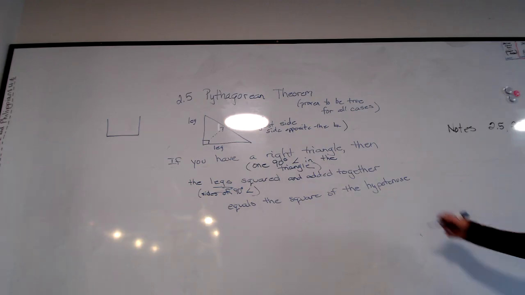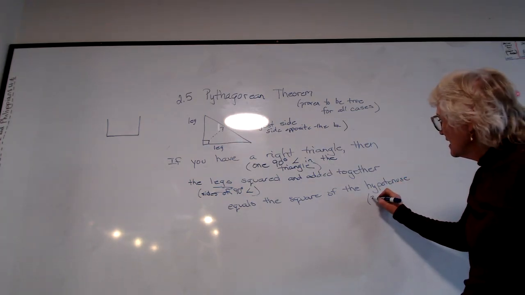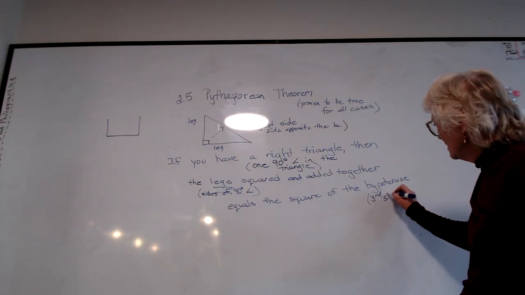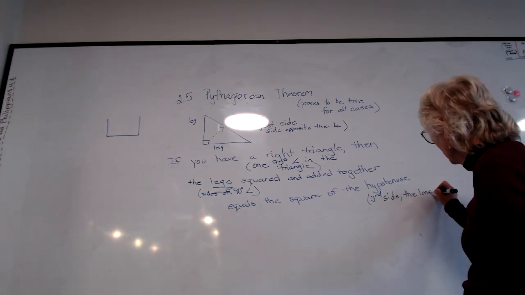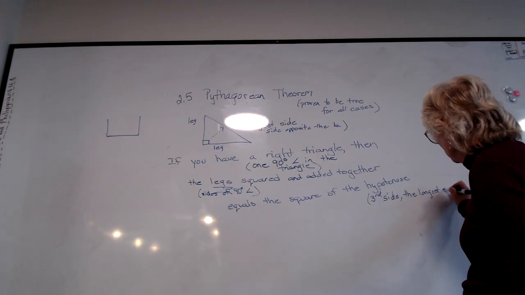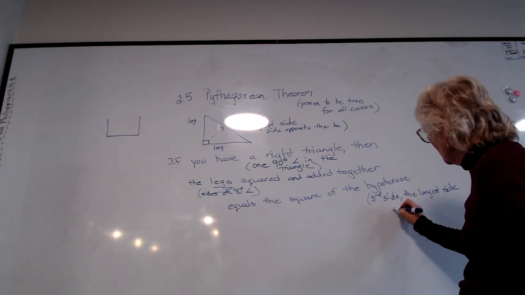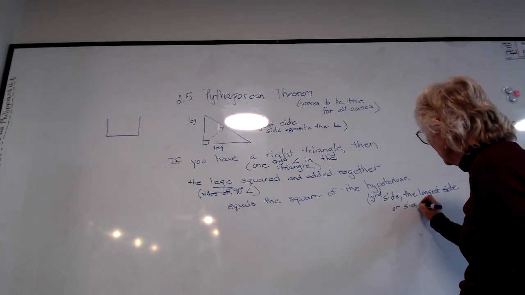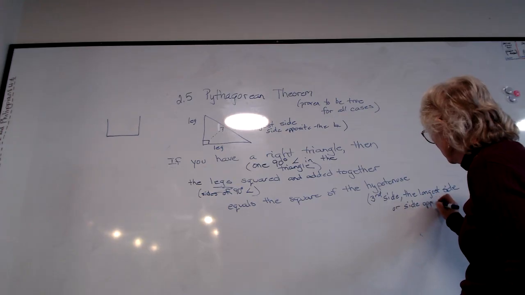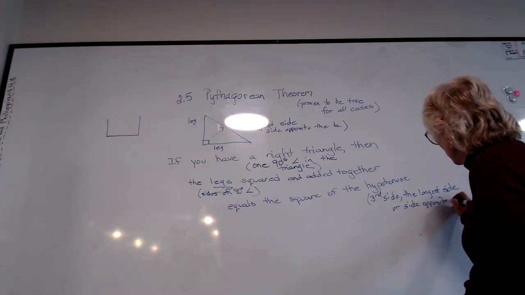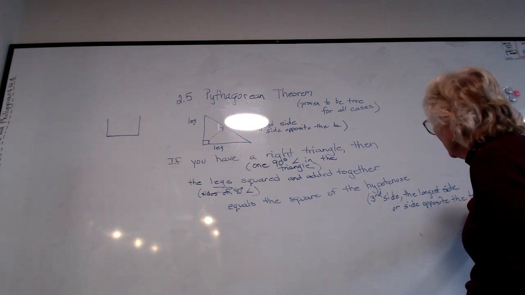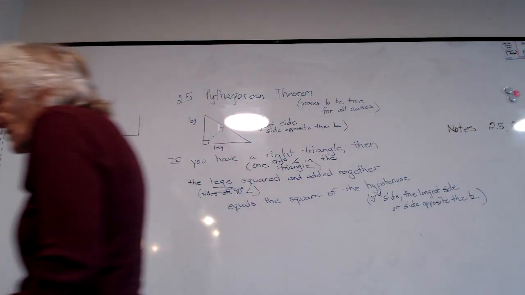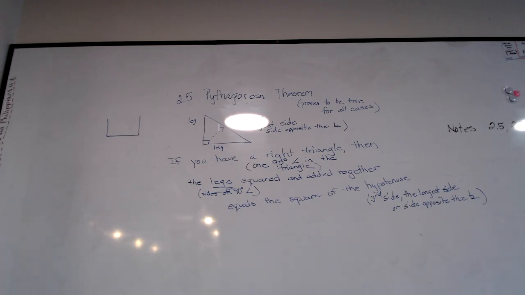So this is the third side, the longest side, or the side opposite the right angle, okay? So those are different ways of describing what the hypotenuse is.